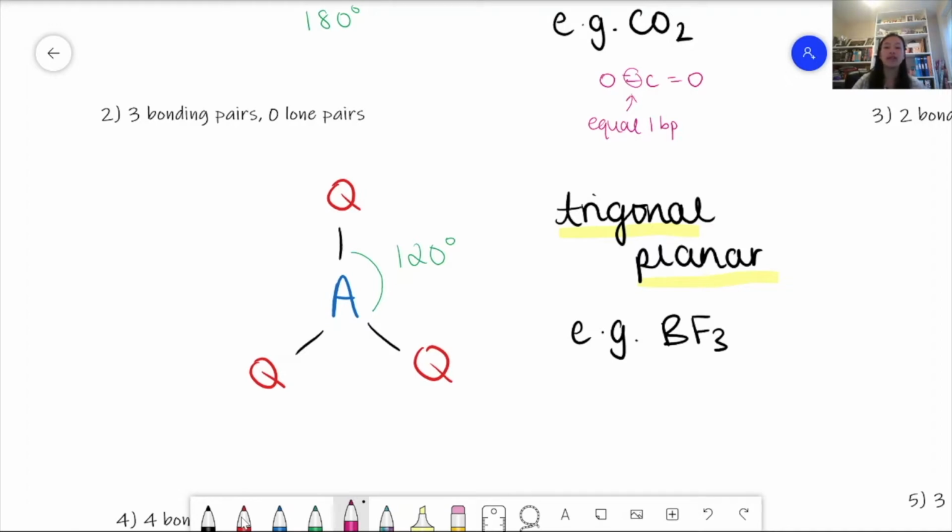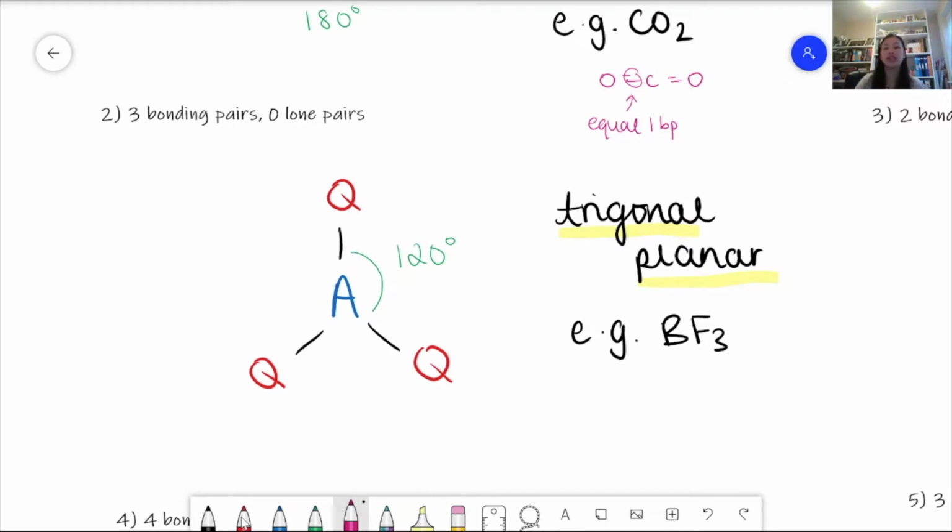So they want to be as far away from each other as possible, but they also repel each other by the same amount. So that's why 120 degrees is the bond angle, because a full circle would be 360, and because you've got 3 of the same atom, they repel each other by the same amount, and so one of these angles would be 120 degrees.